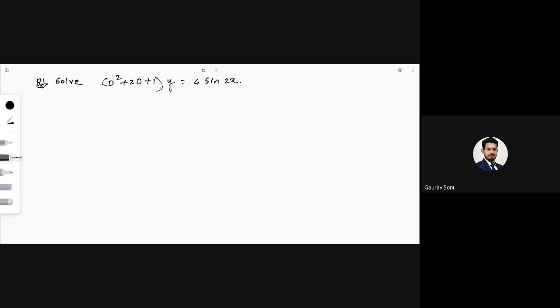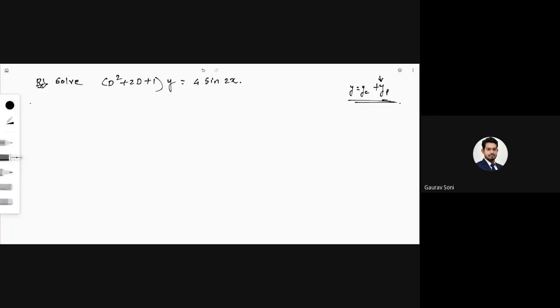What is important to understand here is that the question says solve, which means I have to find the complete solution. For a complete solution of this linear differential equation, y is equal to yc plus yp. You have seen that. For a non-homogeneous linear differential equation, our solution is of the type yc plus yp. In the previous questions, it was asked to just find the particular solution, so we just found yp. But in this question, it is solve. So whenever there is solve, we will have to find both.